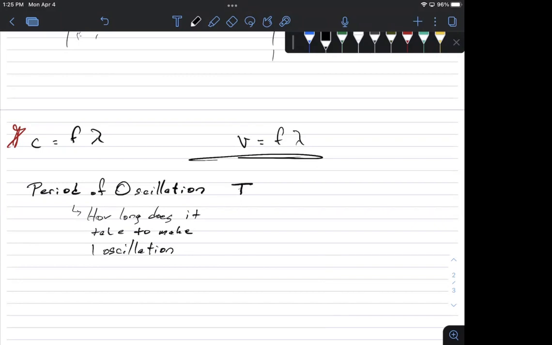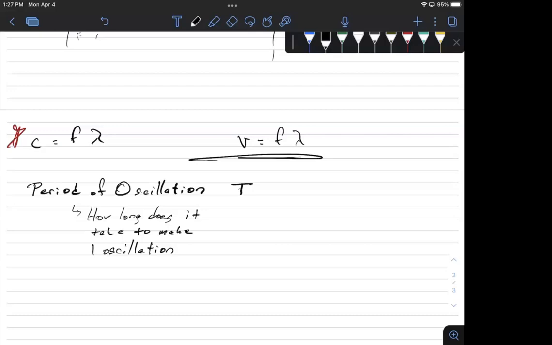In one sense, for the frequency, you measure 1 second of time and count how many waves there are. For the period of oscillation, you watch the wave, start your timer, and see how long it takes before you get the next wave. So for one full oscillation, how many seconds go by? The unit for period is just seconds.